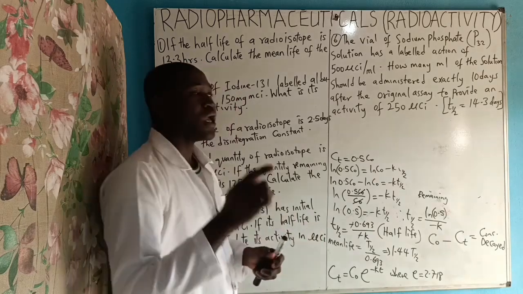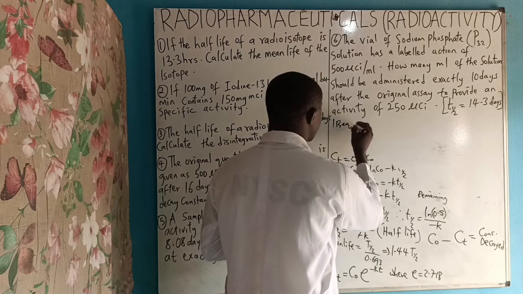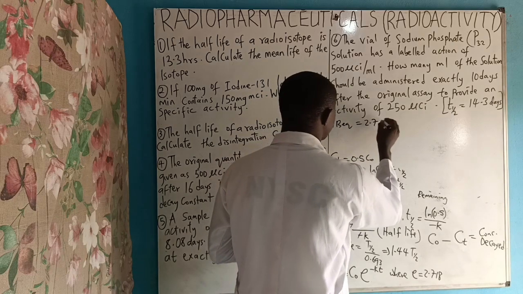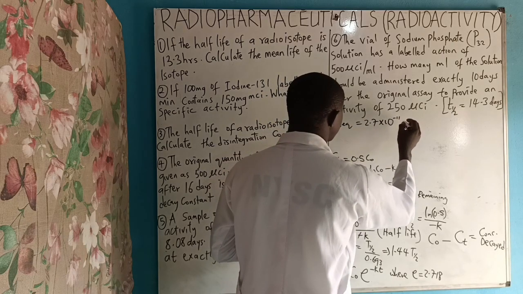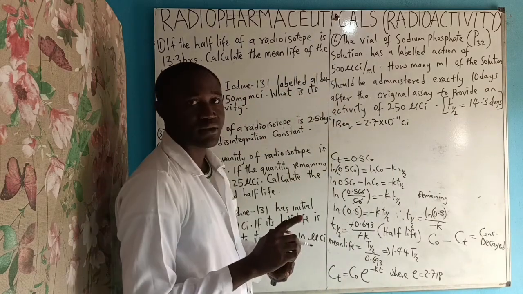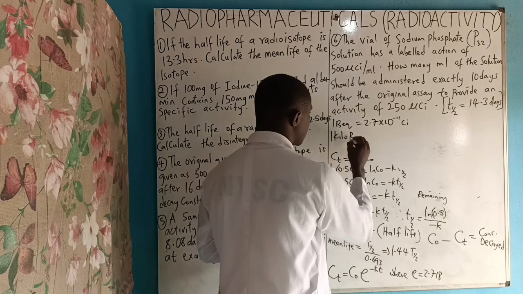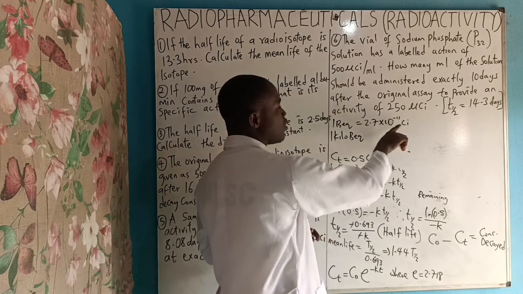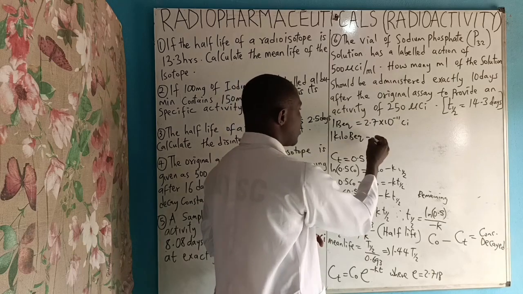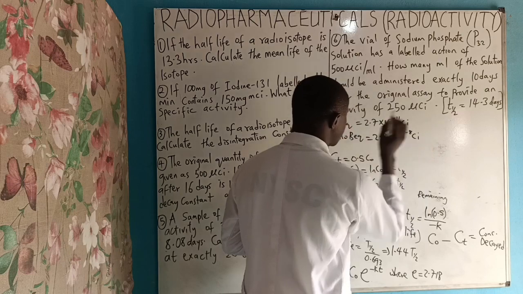Okay, let's see. It is also important to note that 1 becquerel is equal to 2.7 times 10 raised to the power minus 11 curie. If you want 1 kilobecquerel, multiply this by 1000. That gives you 2.7 times 10 raised to the power of minus 8 curie.